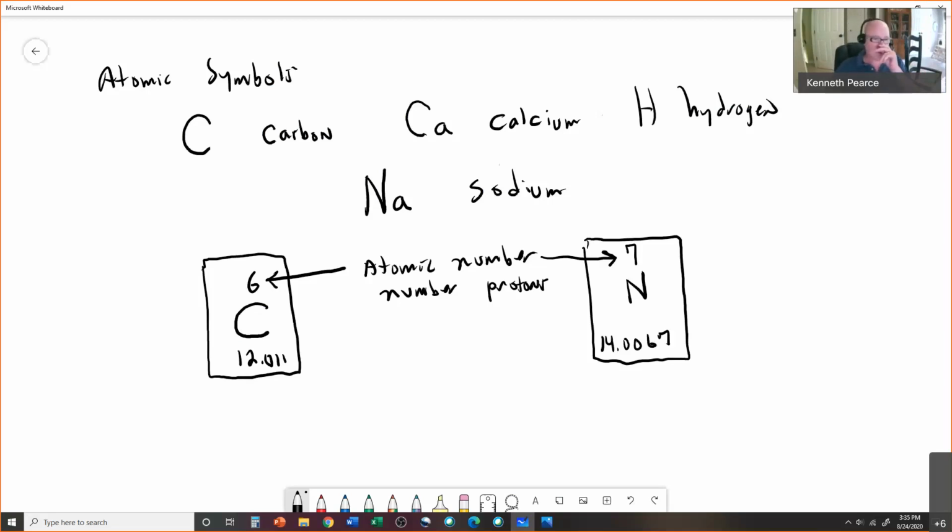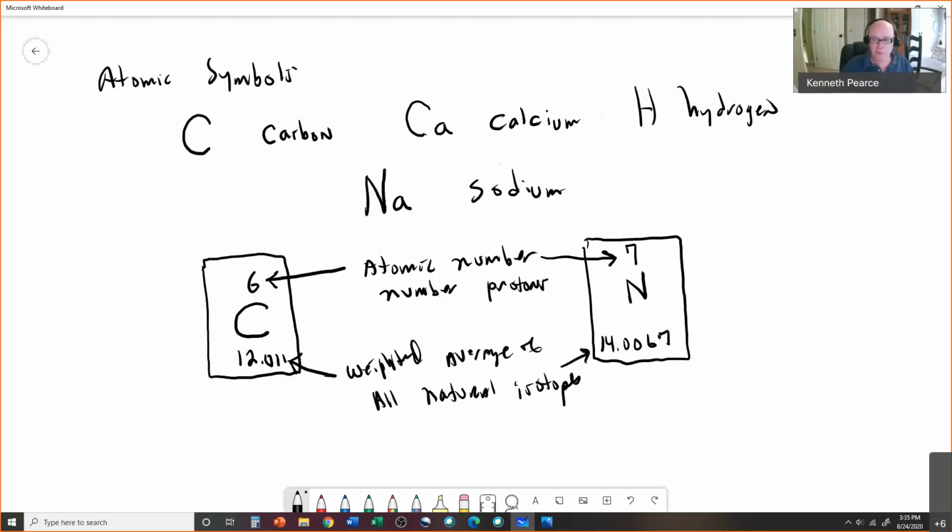Okay. Now, the bottom number represents a weighted average of all the isotopes, all natural isotopes. I mention that because this is the atomic mass that's on the bottom. Now, when we write an atomic symbol, we do not use this.